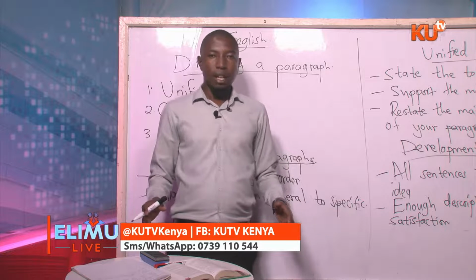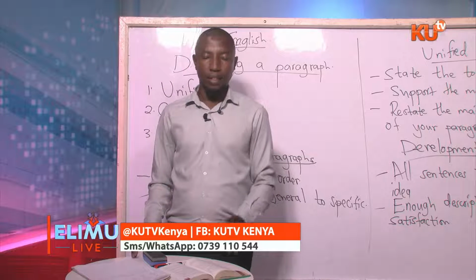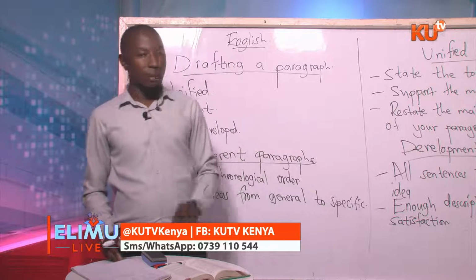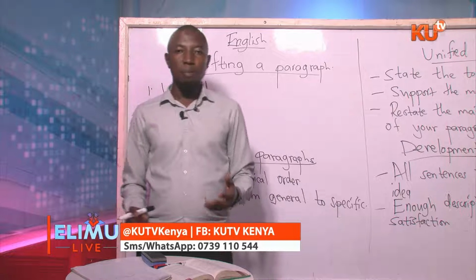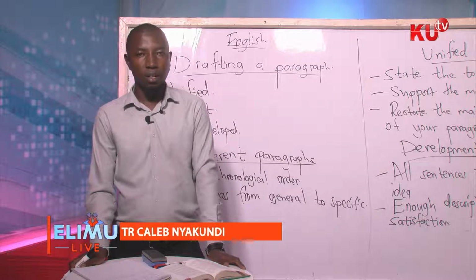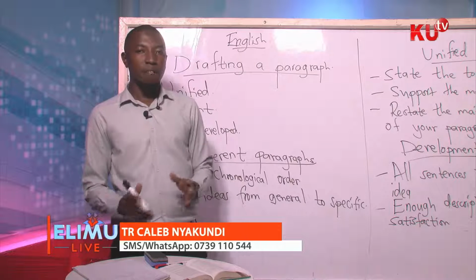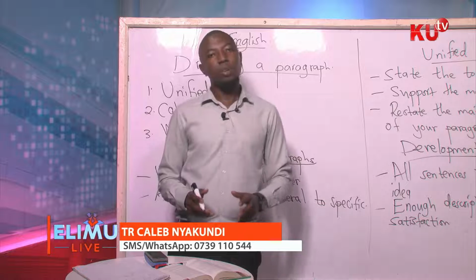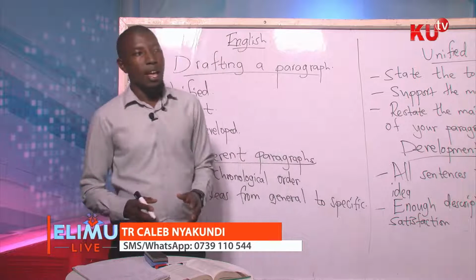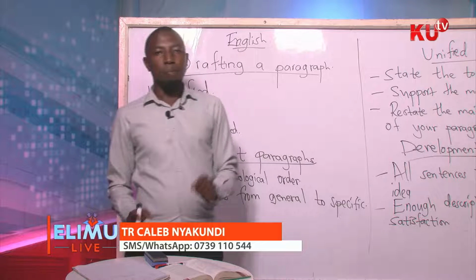What one-sentence paragraphs do is emphasize the point, so that the idea is separated from the rest of the paragraphs. It creates emphasis. But then you can also write long paragraphs, as long as you've covered all the details. A paragraph doesn't have a defined length.